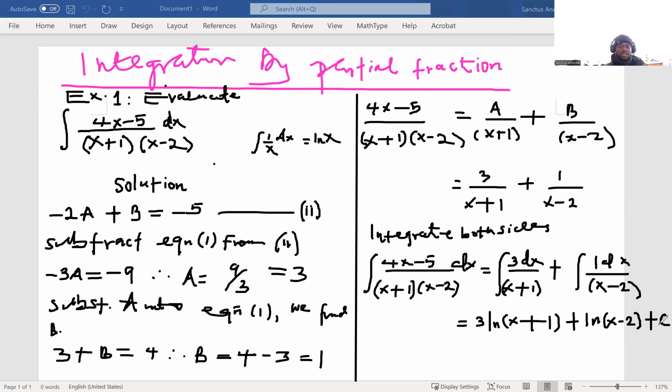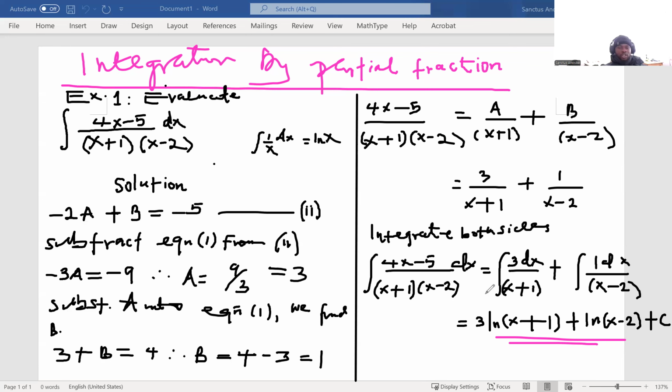Plus c, the constant of integration. After integration, don't forget to add c. That puts it out there that you know what you are doing.